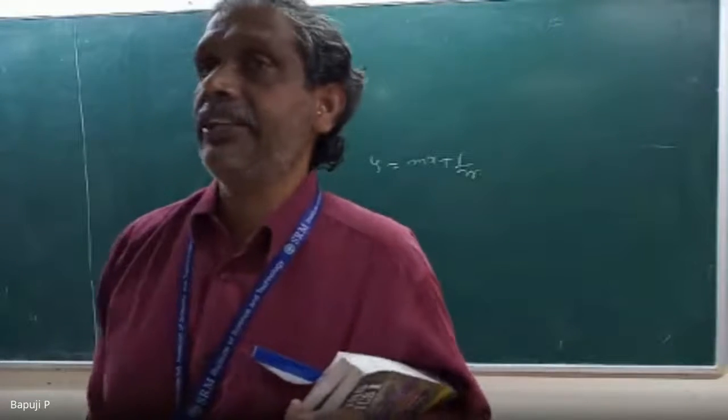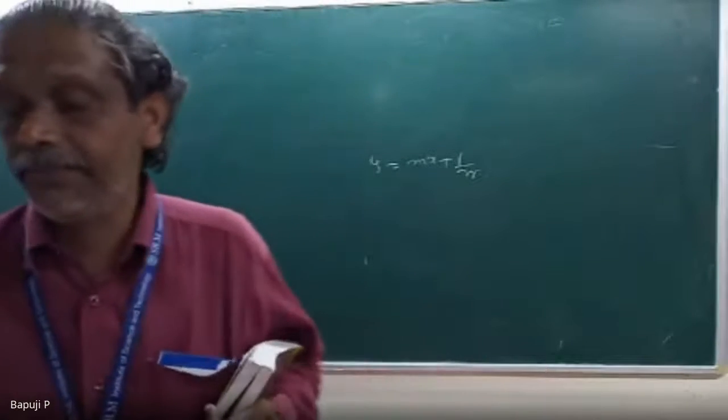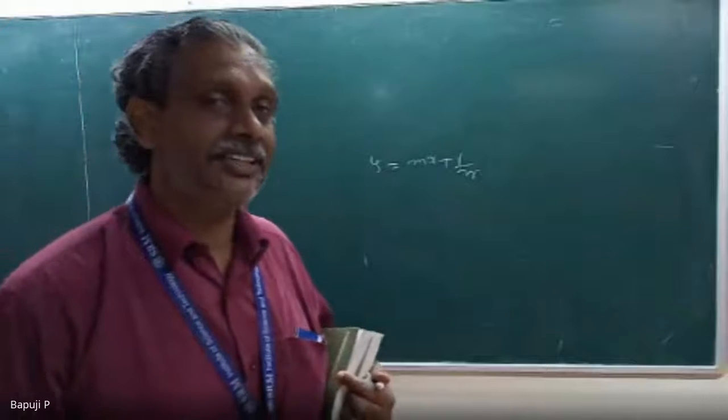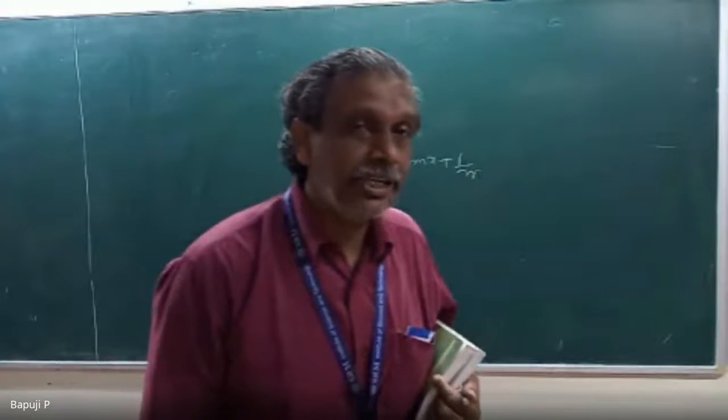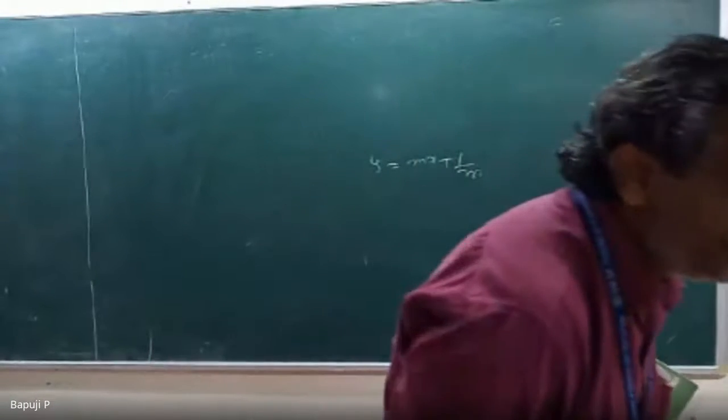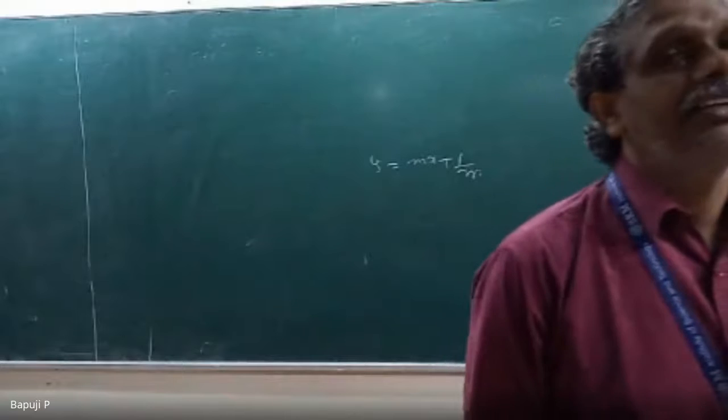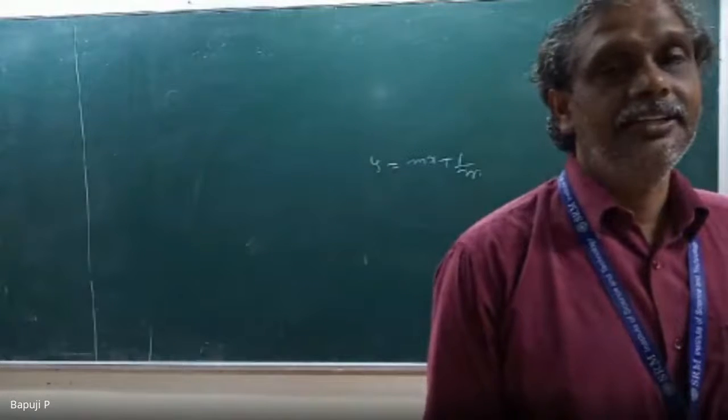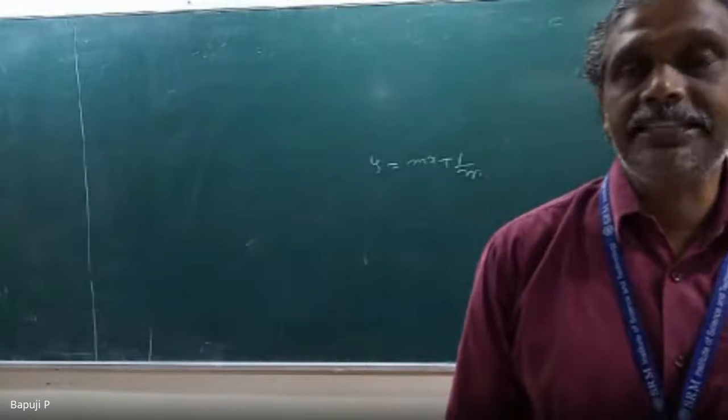Have you seen y is equal to mx plus 1 by m anywhere? Somebody said it is the slope form of the tangent to an ellipse. What is the condition for this straight line y is equal to mx plus c to become a tangent?